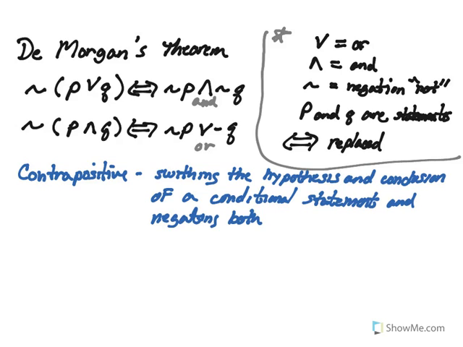Okay, so let's do the symbol. Let's say you had P. P is a statement, Q is a statement, and contrapositive means if you have P, then you have Q. That's what that little arrow means.